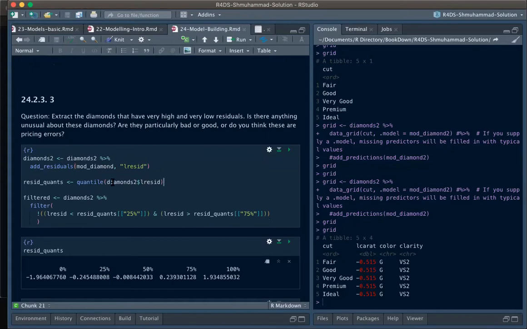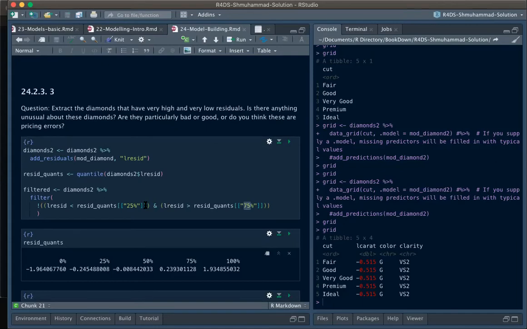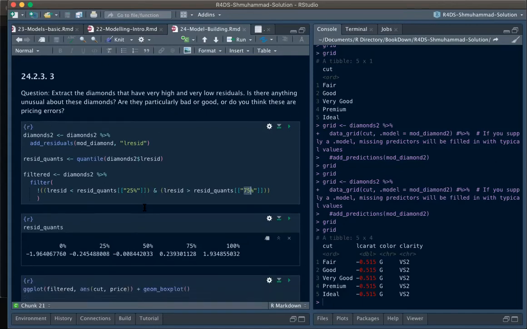And here we're trying to create a quantile where we have the first 25% at the very lowest residual, and the highest percentiles, the ones with very high. Using this one, we can plot and see if there are any patterns.